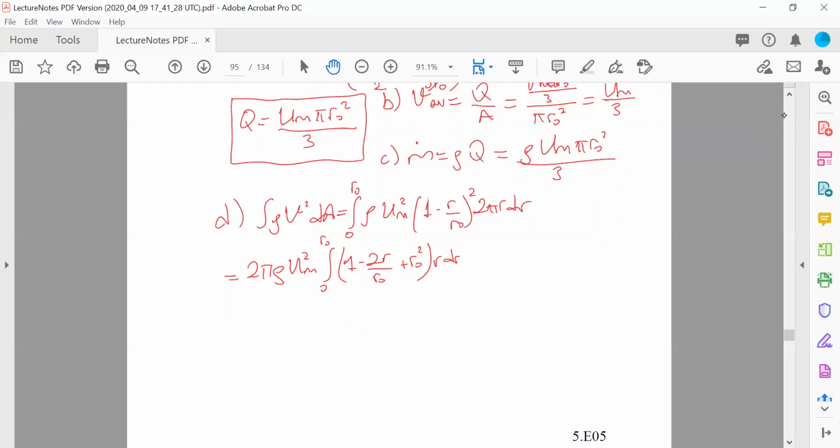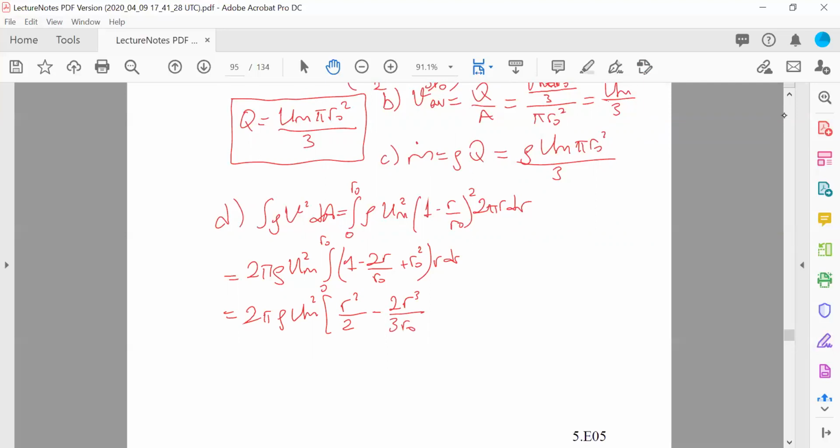From here we have the first term r dr, and the integral of r dr is r squared over 2. The second term is 2r over r0 with a minus, and the integral of it is 2 r cubed over 3 r0.